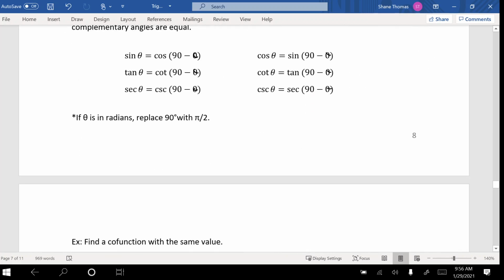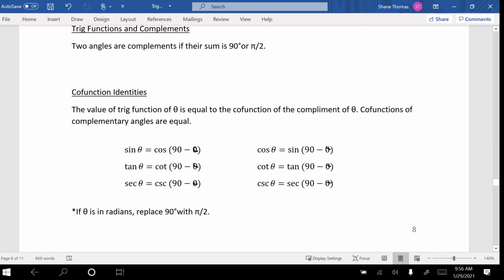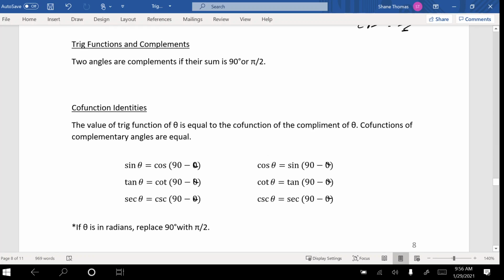That's what this cofunction thing is going to be all about. Complements and cofunctions. So a complement is they added 90. Then a cofunction is how they fit together. So like we just said with the 30, 60, 90, the sine is going to be the same as the cosine of the complement. Okay. In this one here, in your notes, there were 2 typos. These are all supposed to be thetas. And this is supposed to be cosecant. I think it rewrote as cosine.